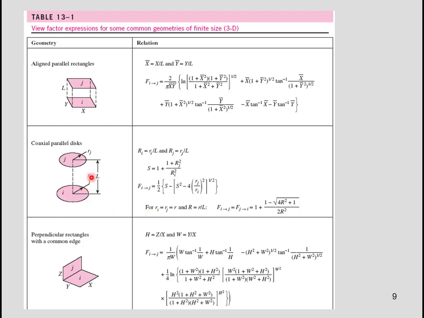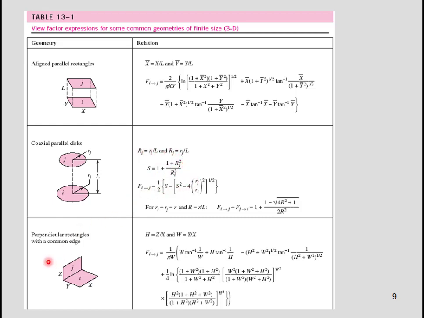So for this configuration, when two disks are located at a distance of L from each other, and their radii are Ri and Rj, we can calculate the view factor by this equation, which is only dependent on their radii and their distance from each other. And for simplicity, we can define S as a parameter which is also dependent on the radii, as you can see here.